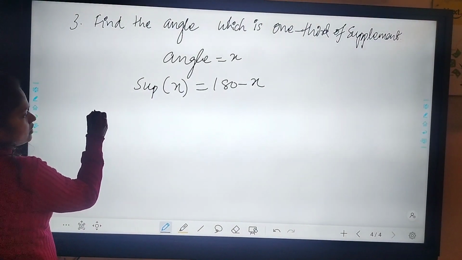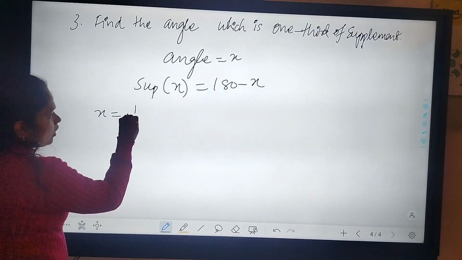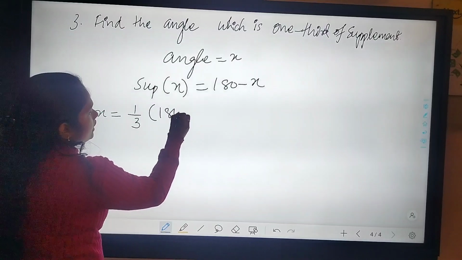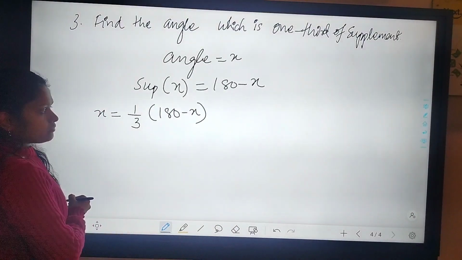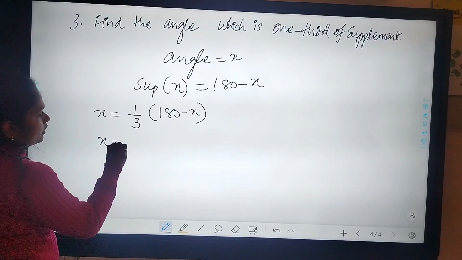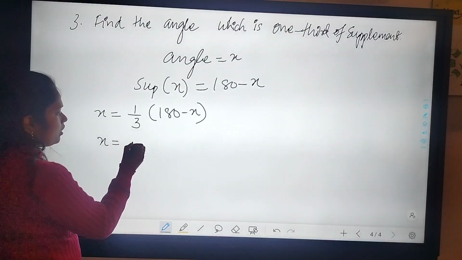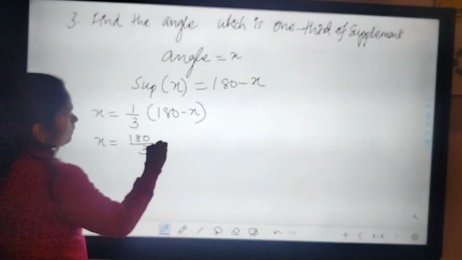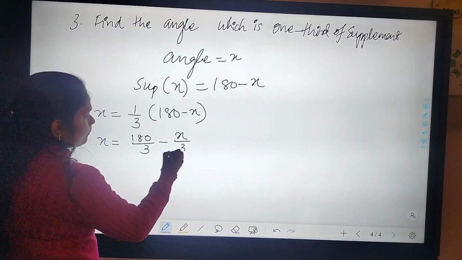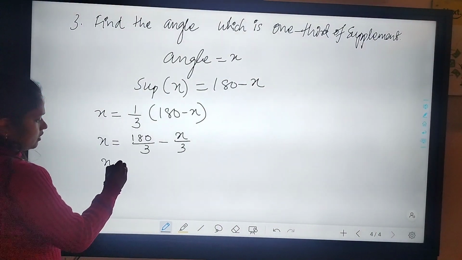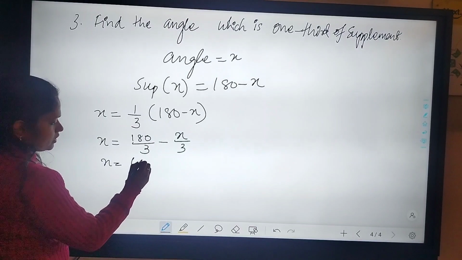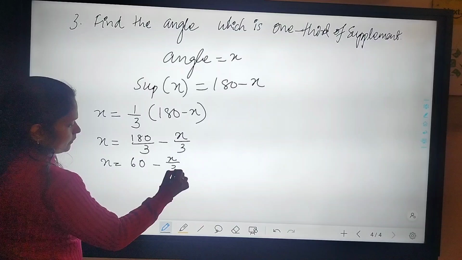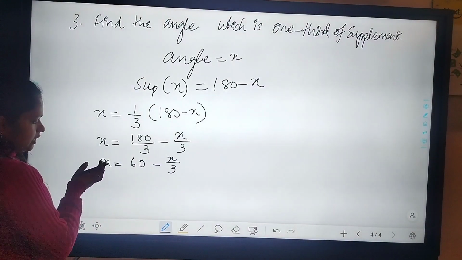Then how will we form an equation? x, the angle, is equal to 1/3 of 180 minus x, which means we divide 180 minus x by 3. Then x is equal to, we can multiply the 1/3 into the bracket to remove the brackets: 180 by 3 minus x by 3. Then x is equal to 180 by 3, which is 60, minus x by 3. Here we have x on both sides.